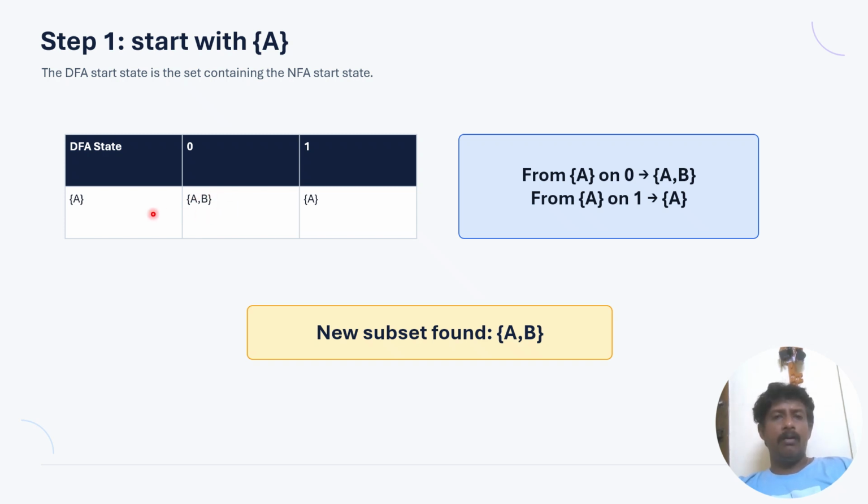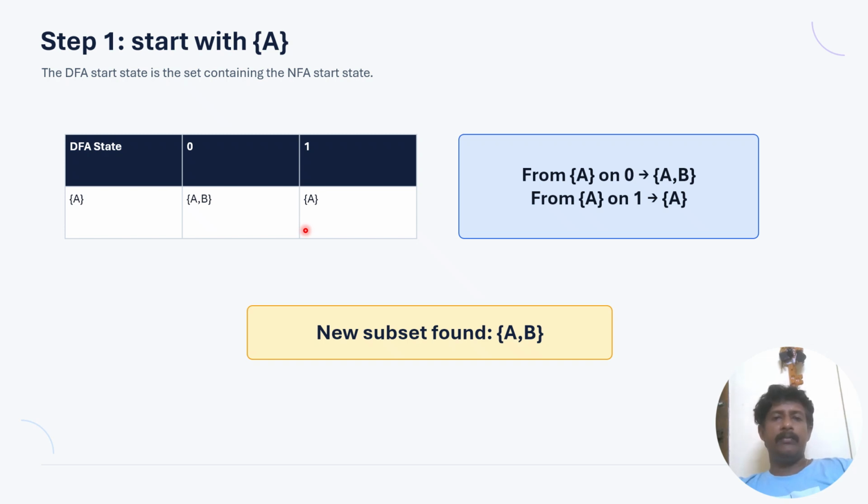From A on 0, we go to A and B. So in the DFA table, from set A on 0, we write {A, B}. For input 1, from A the NFA goes to A. So from A on 1, we write A.